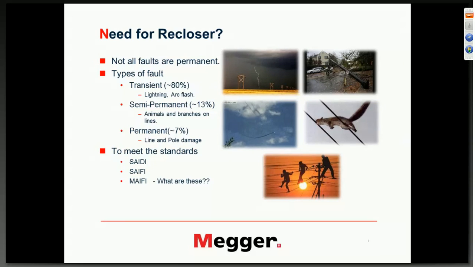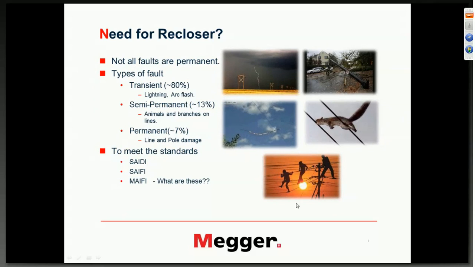So you don't have to do anything about it. I could consider that a semi-permanent fault. Some examples are animals or branches on the lines. That constitutes about 13% of the faults that occur in our system, and only 7% of faults are permanent, caused by storms or you name it.